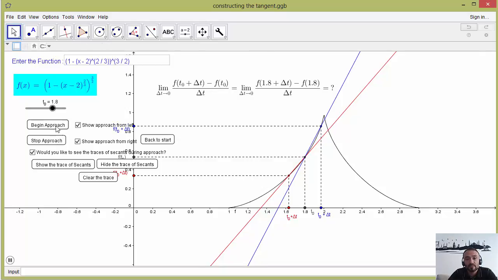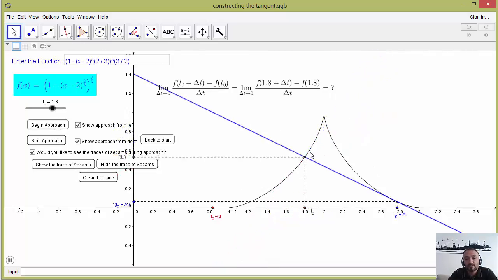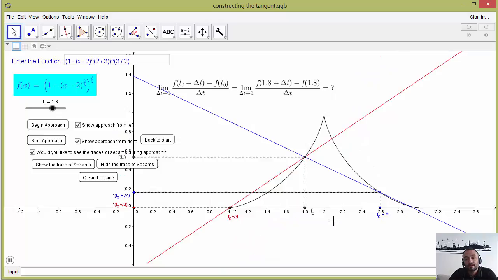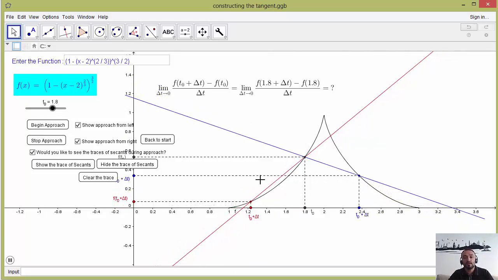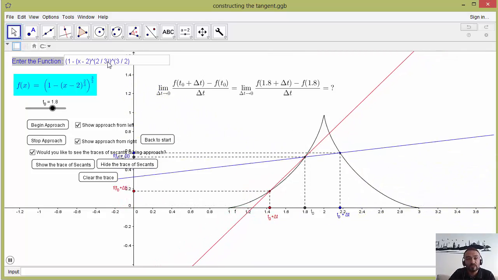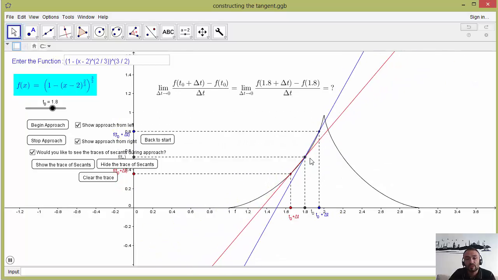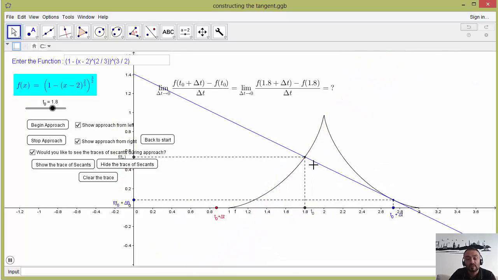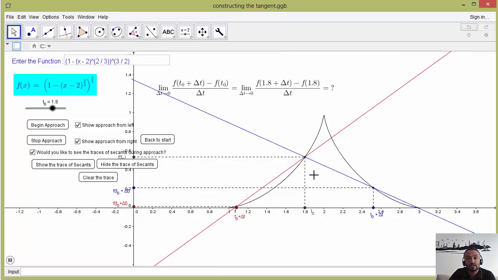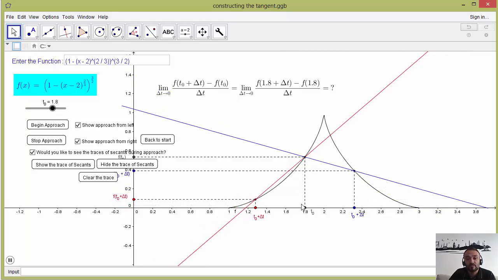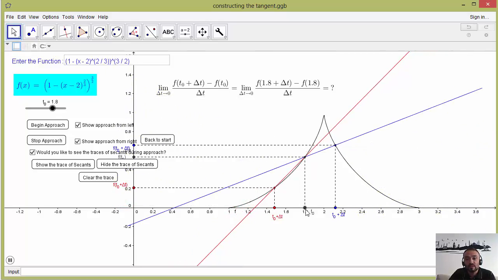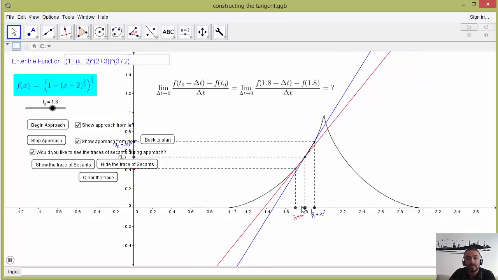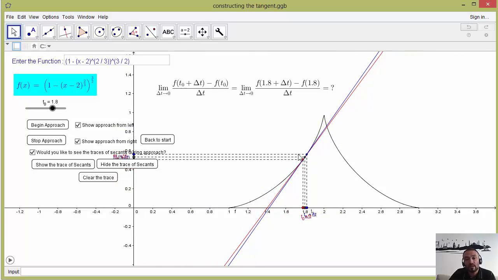Begin approach again. As you see, even for this function, there are also suitable points at which the function is differentiable. This function is differentiable at 1.8, and the derivative is measured by the tangent here.